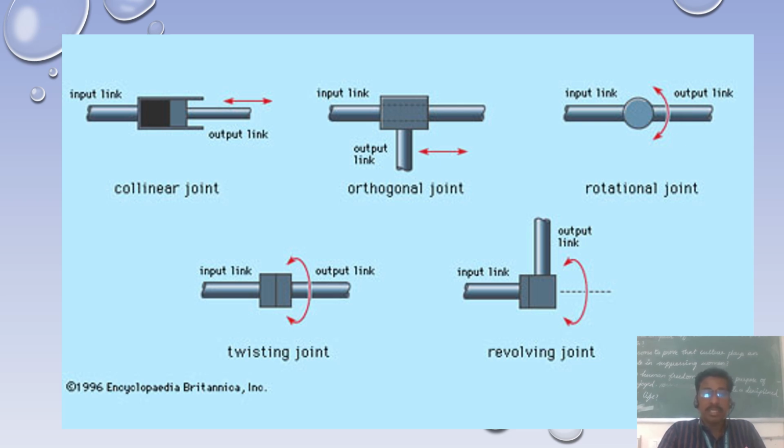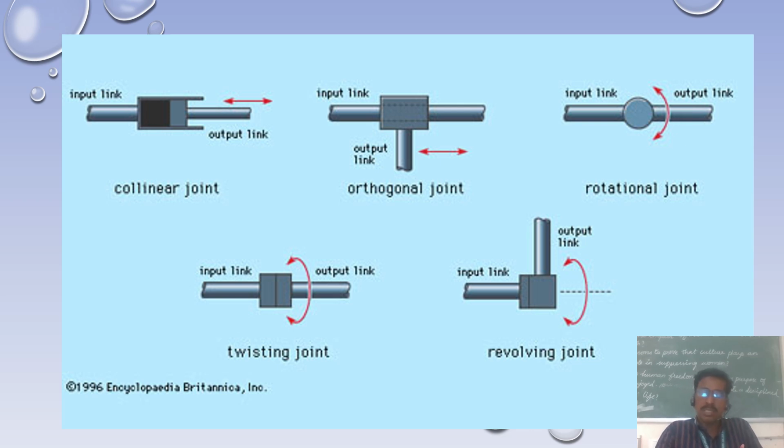That will create a movement in the x and y axis. It will create T-like movements. The second one is the orthogonal joint. It is already a T-leg joint that creates complete rotations. The next one is the rotational joint, right? That will create rotations from 180 degrees to 0 degrees.